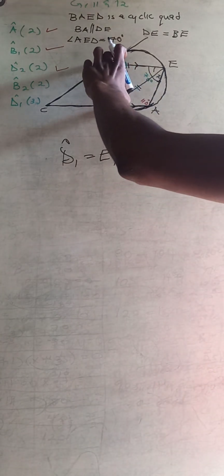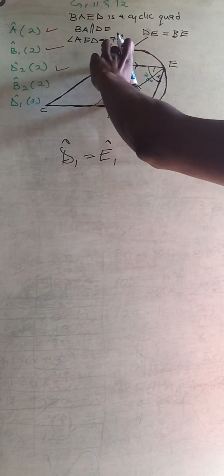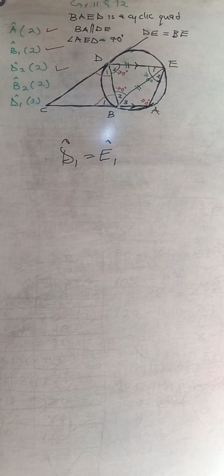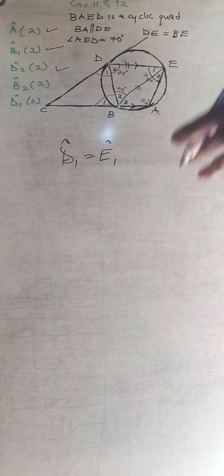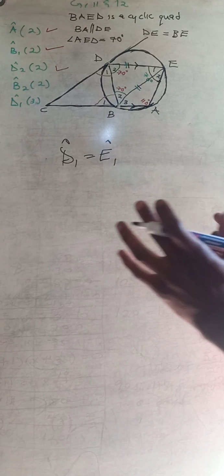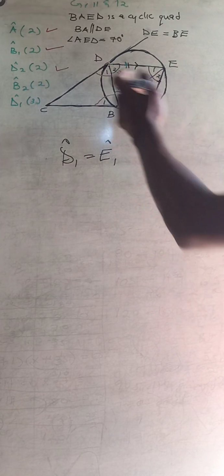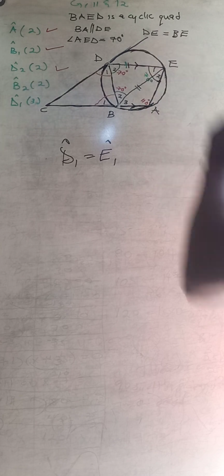Because if we slide, here is the chord again, we end up at angle E1. So according to the tan-cot theorem, D1 is equal to E1.